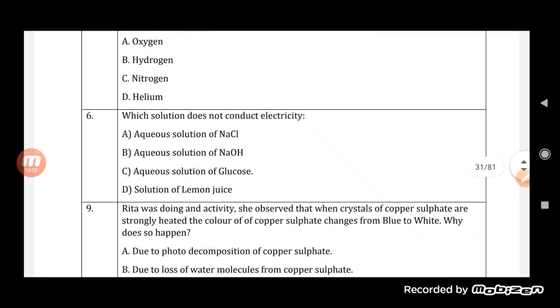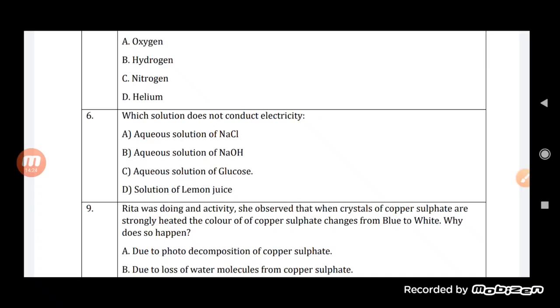Now you see here, the other question is which solution conducts electricity? Aqueous solution of NaCl, aqueous solution of sodium hydroxide, that is NaOH, aqueous solution of glucose, solution of lemon juice.